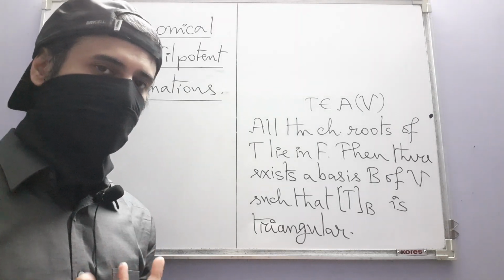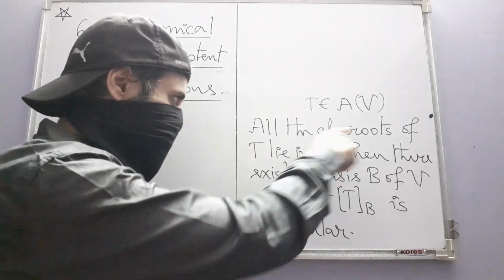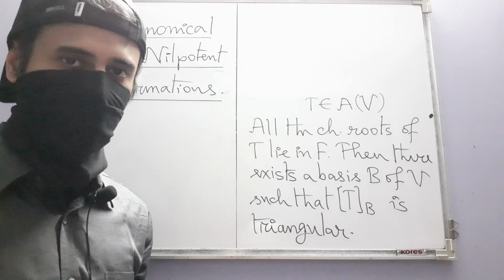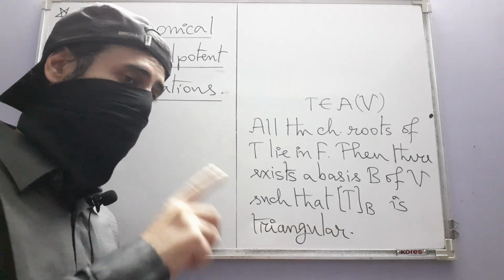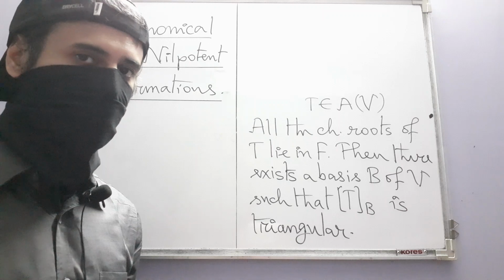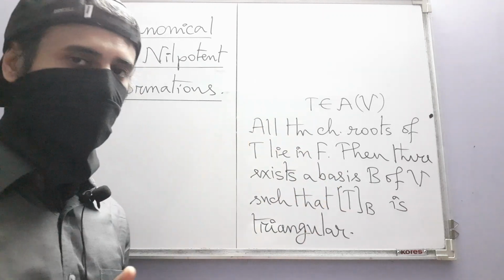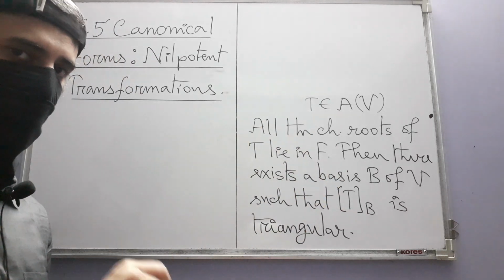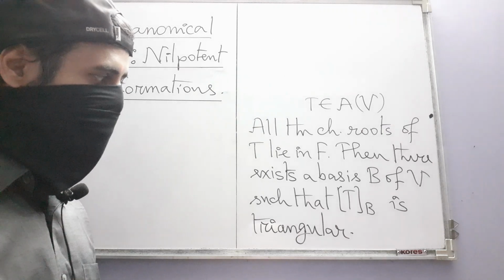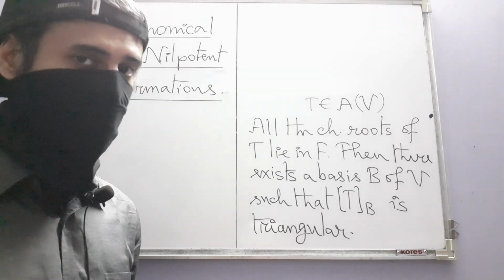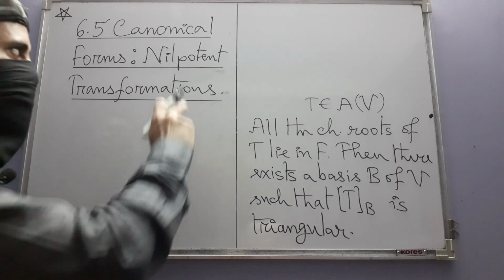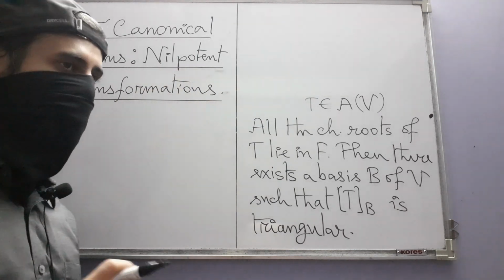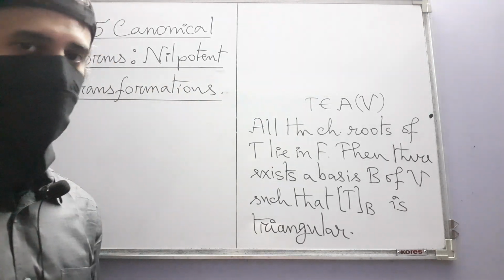So there may be many operators having this property, many of them won't have this property. Those that have can be triangularized. They can be put in triangular form like this. There will be at least one basis with respect to which the matrix of T will be triangular. In particular, nilpotent transformations or nilpotent operators have this property.